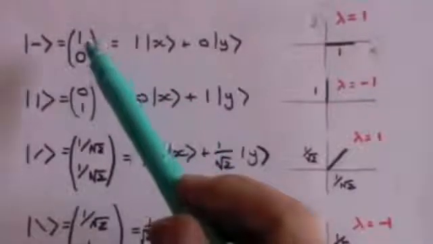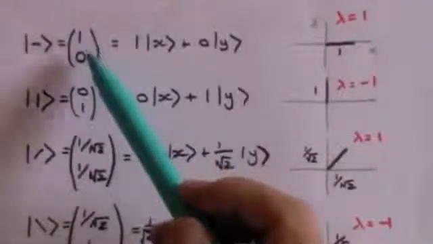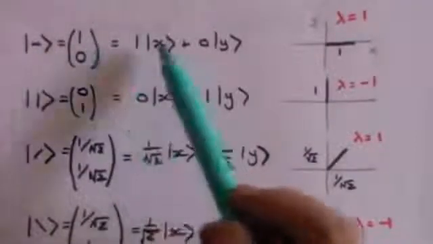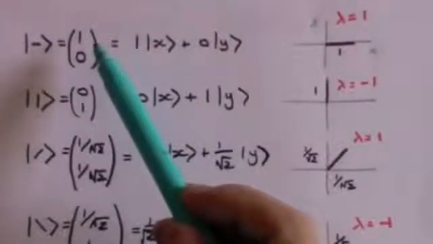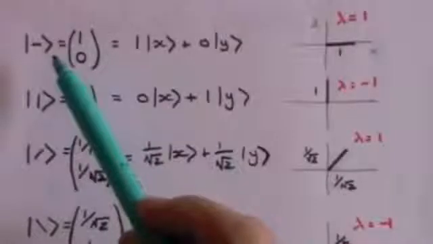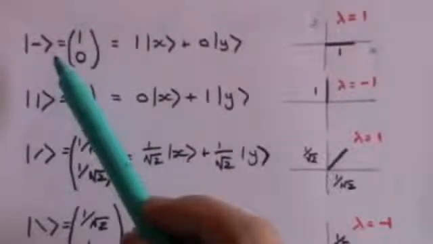So what we're saying is that if the vector is 1, 0, and 1 is x and 0 is y, which is what we've got here, then the probability amplitude of going through the x is 1, which means the probability is 1 squared, which is 1, which means the probability of a photon that is in the horizontal polarized state going through a horizontal polarizer is 100%.